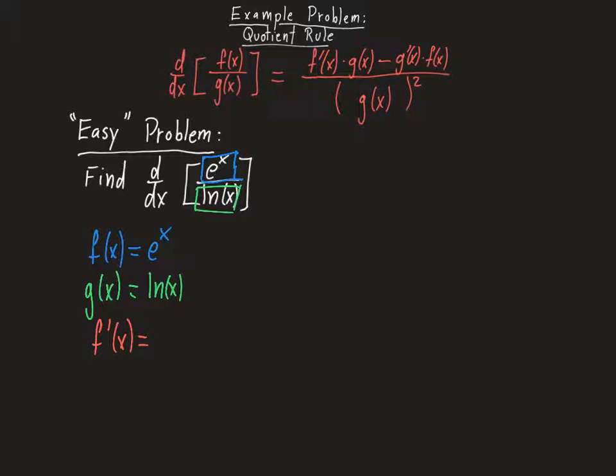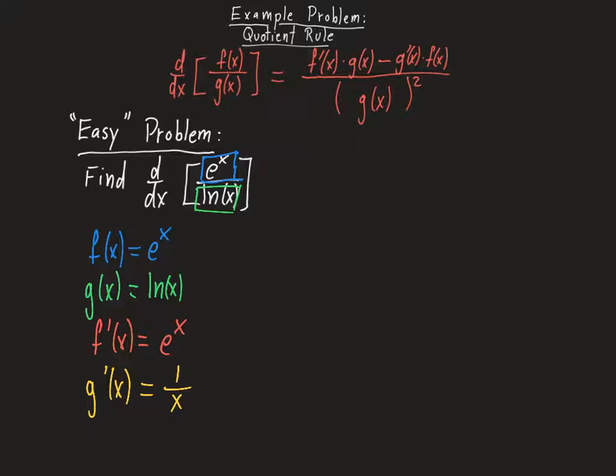Now if f of x is equal to e to the x, then by the exponential rule, we know that f prime of x is also equal to e to the x. Next, if g of x is equal to natural log of x, then we know by the log rule that g prime of x, its derivative, is going to be 1 over x.